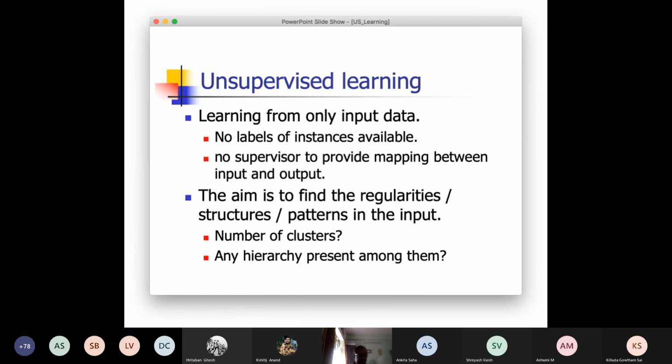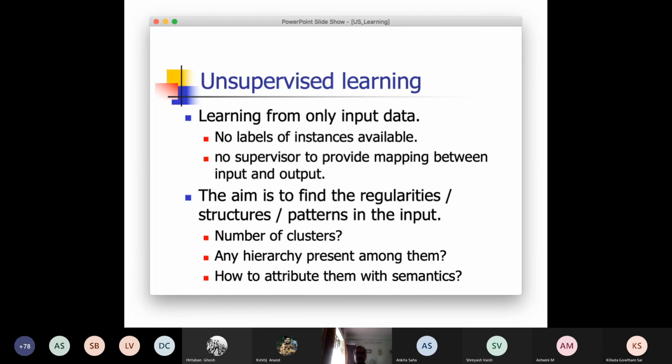Whether there exists any hierarchy among them is another question. When you are considering the groups, whether you have certain kinds of hierarchies in those groups. And how to attribute semantics to them. Once you have a group, how do you characterize those groups?